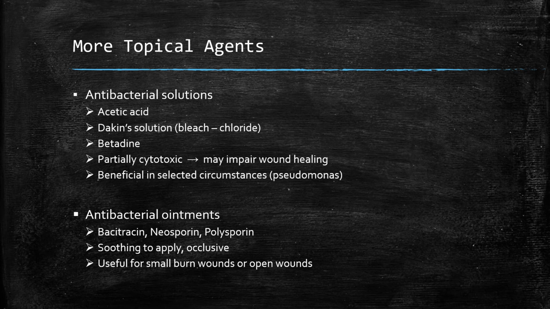Surgeons use all manner of antibacterial solutions on open wounds. Some of the common ones in use are acetic acid, Dakin solution, and betadine. One issue with these agents is that they are partially cytotoxic, and so they impair wound healing by impairing the function of the cells we need to heal wounds, like fibroblasts and macrophages.